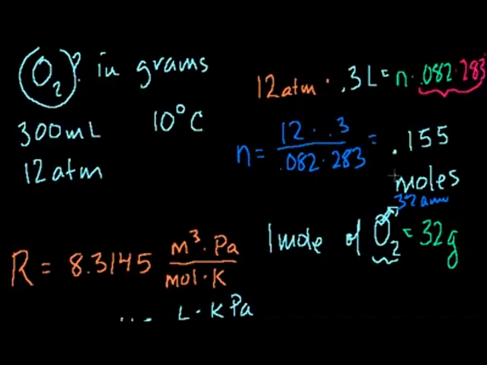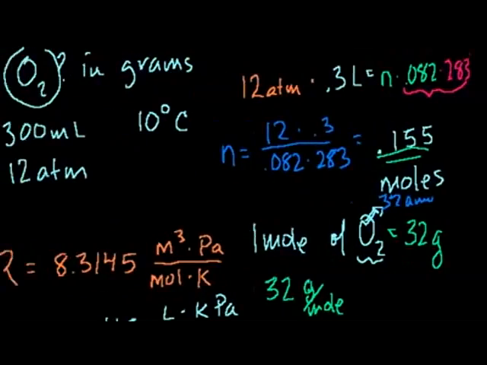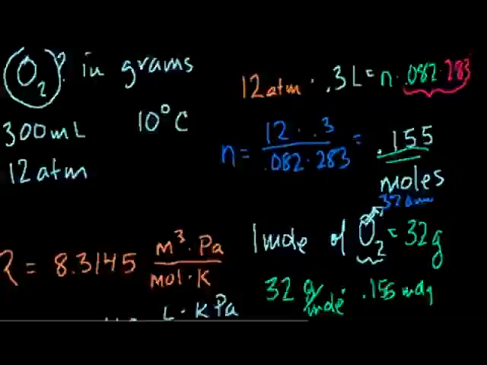Now we don't have 1 mole, we have 0.155 moles. So to figure out how many grams we have, we multiply 32 grams per mole times 0.155 moles, and we'll get our answer.